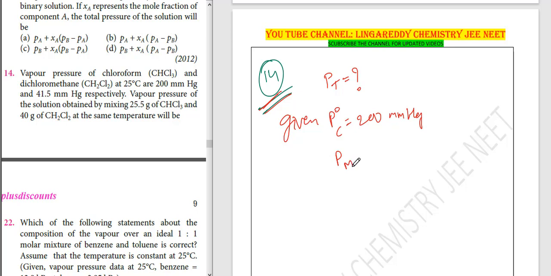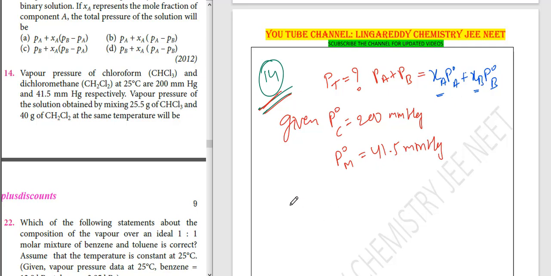Dichloromethane I am taking as M is given 41.5 mm Hg. So P total equal to PA plus PB. Okay, if I write again, PA means I can write it XA P naught A plus XB P naught B. Okay, these values we had to know. So here P naught A and P naught B already given. XA and XB we had to calculate.